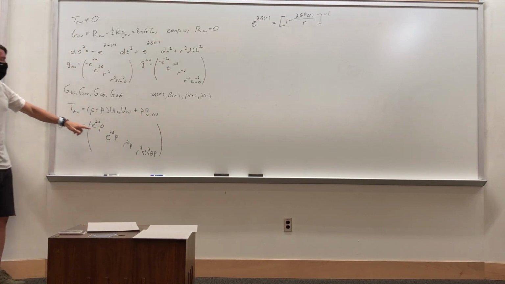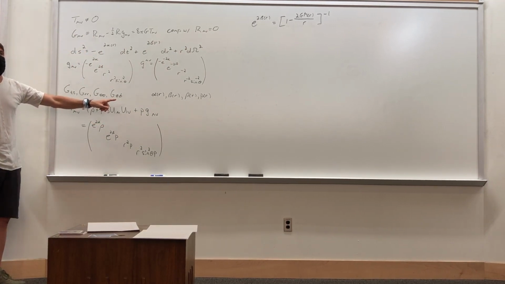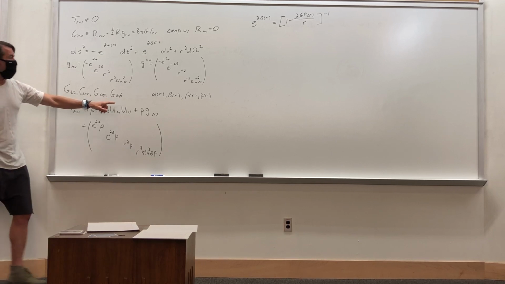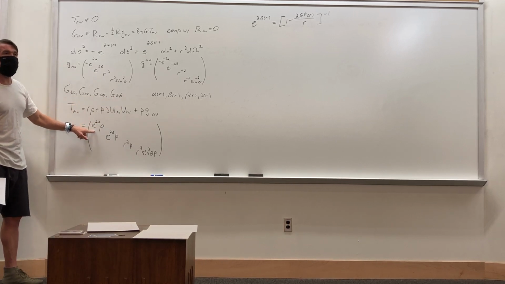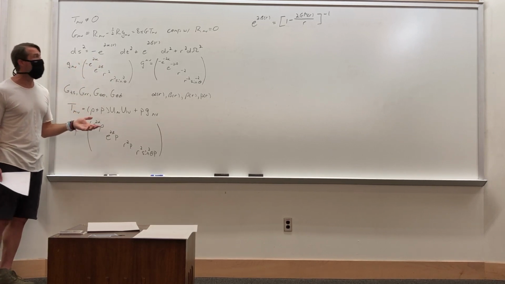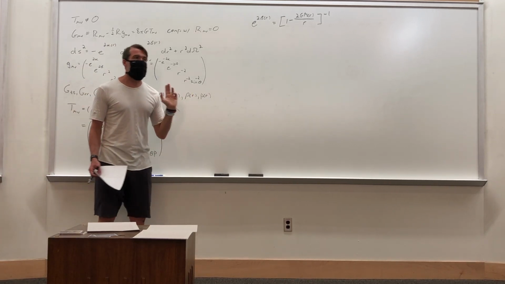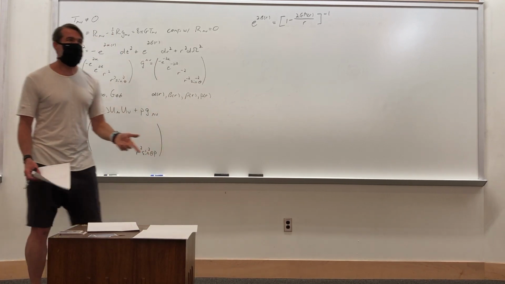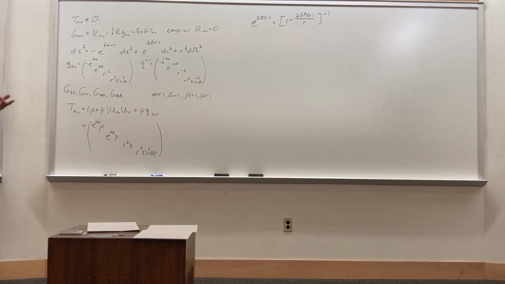Now, you might say, why don't we do the same thing with alpha? Why don't we take this term, because we know what it looks like in the exterior, and match it up. Turns out you can only do that with one of these, and then you have to follow the consequences of it. So we're going to do it with the RR term.